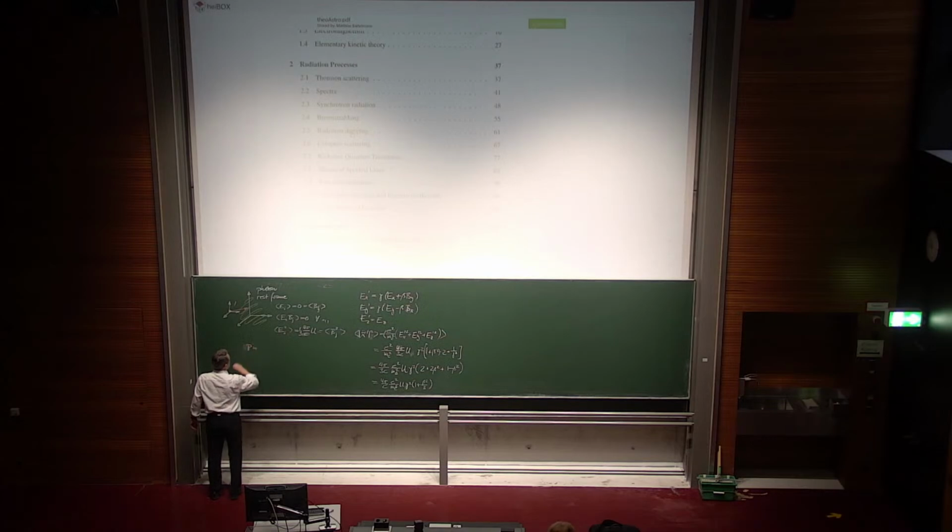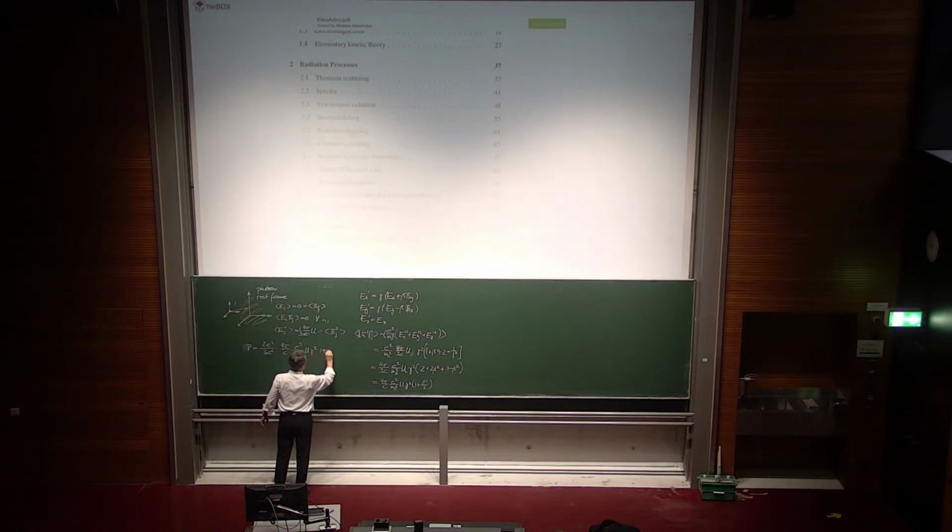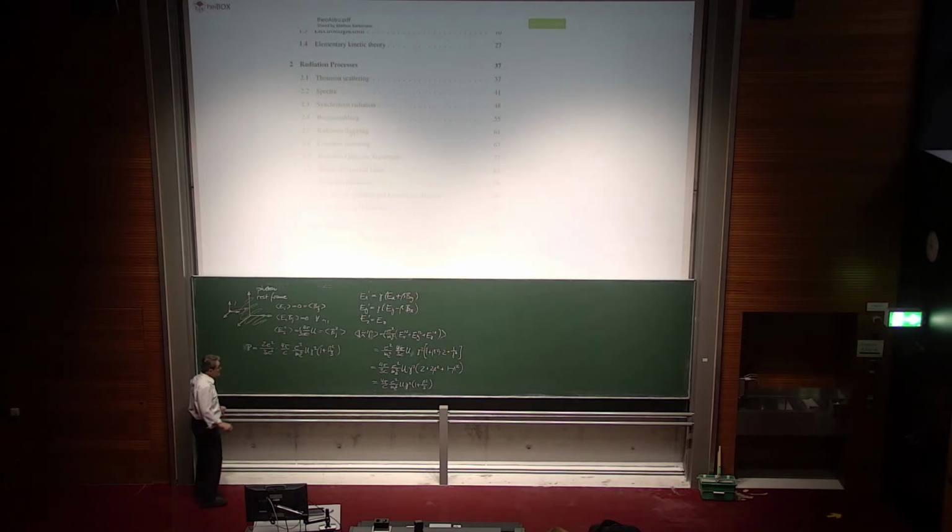So the non-relativistic Larmor power, that was 2e squared divided by 3c cubed times the squared acceleration. So that's what it looks like.